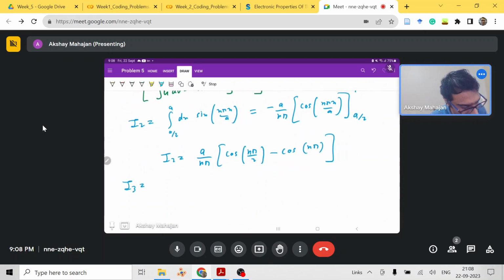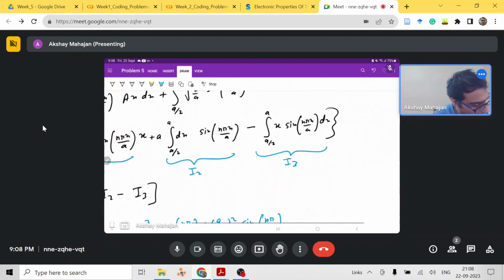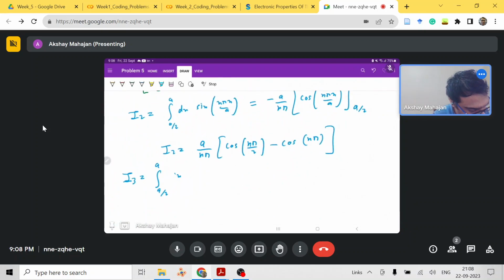And then we have I3. Now I3 will be the integration from a by 2 to a of x times sine of n pi x by a dx.